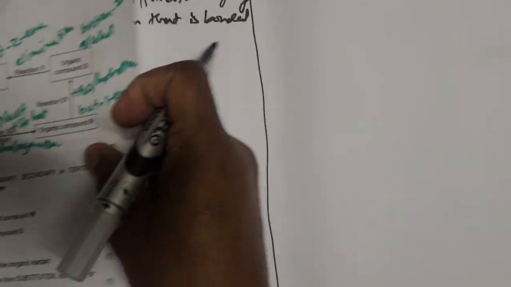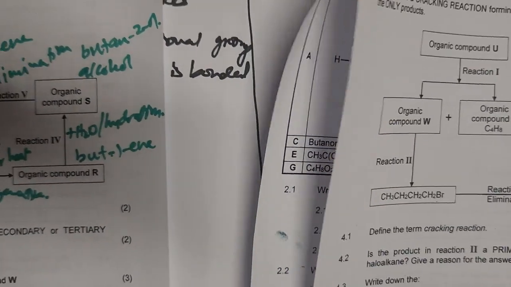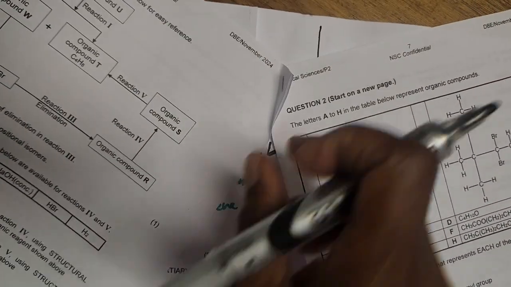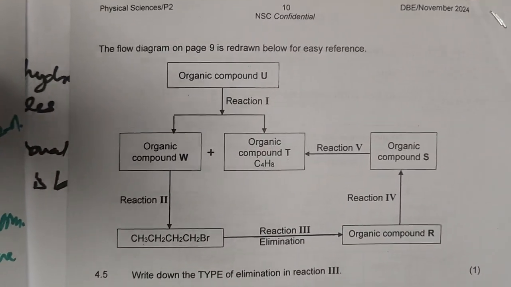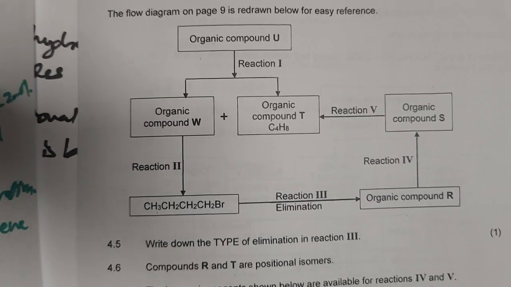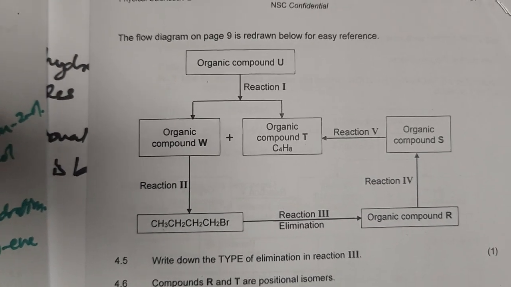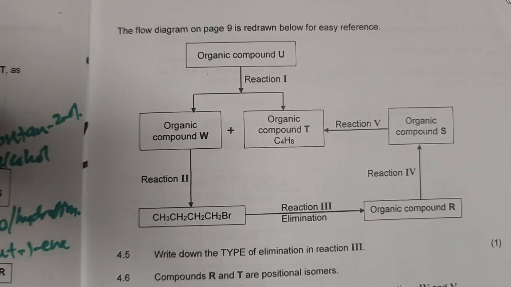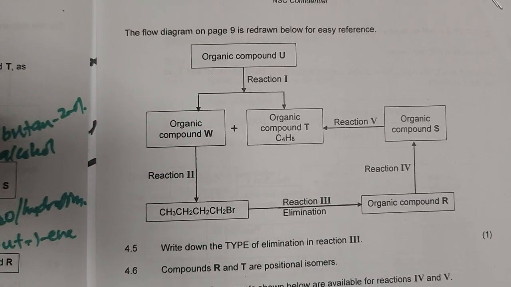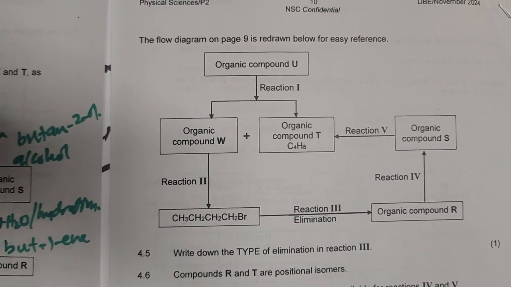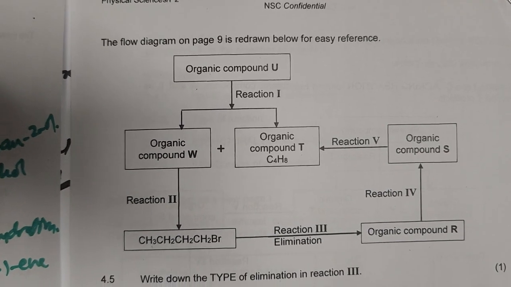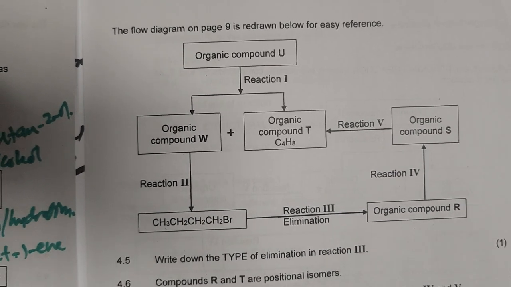The next question here on the next page, they redraw the diagram. Normally they save learners from flipping the pages back and forth. They say again, the flow diagram on page 9 is redrawn for easy reference. That's the reason why it's repeated.